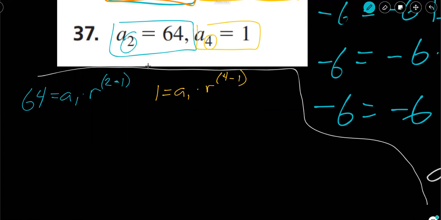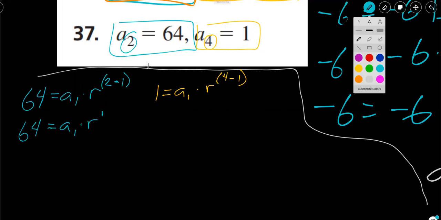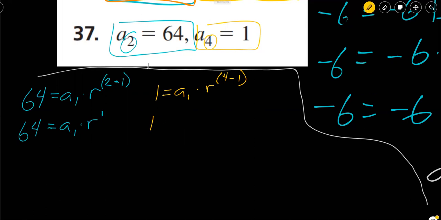So let's do some order of operations stuff on both of these. There's not much we can do, but I can at least simplify my exponent, R to the 1st power. And on the second one, it's going to be 1 equals A1 times R to the 3rd power.